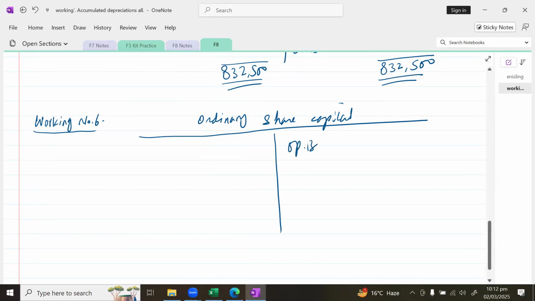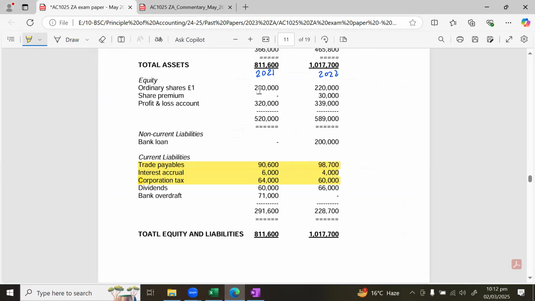Opening balance, you could see over here, is 200,000 and closing is 220 plus 30, 250,000.